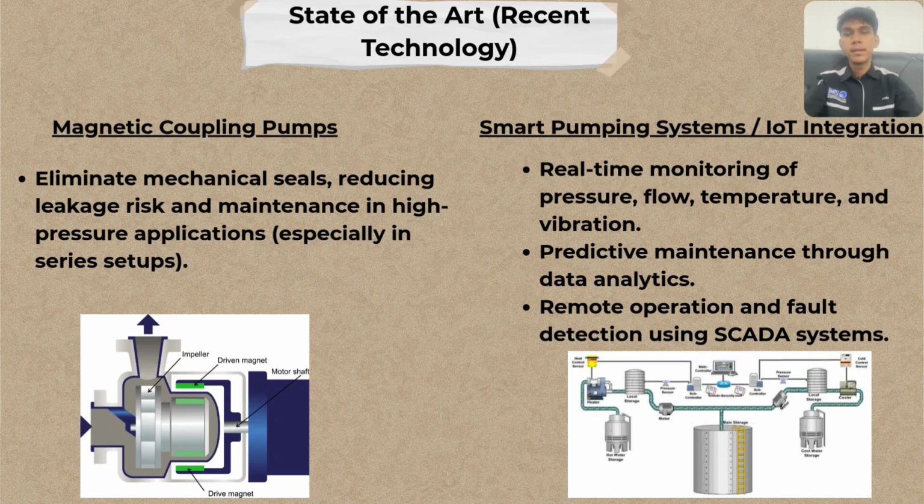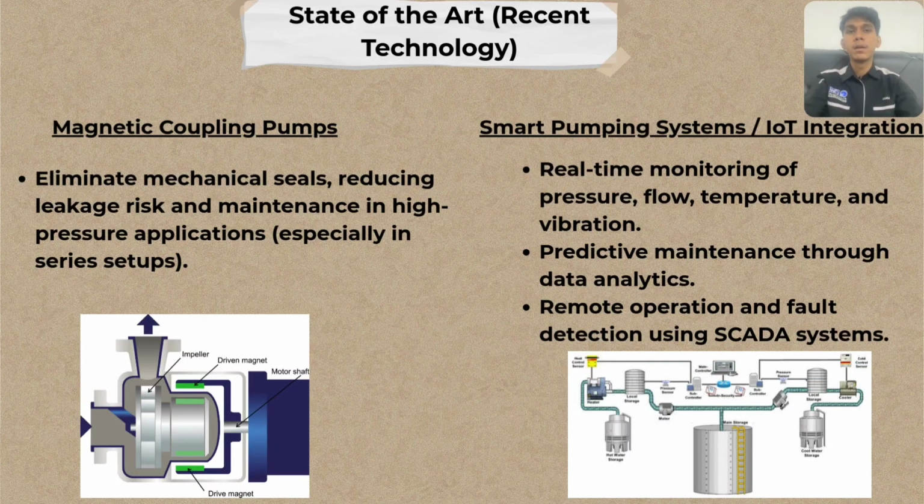Okay, next is state of the art, where we use recent technology to eliminate errors or problems in the pump, whether in series or in parallel. The first one is the magnetic coupling pump, which can eliminate the mechanical seal, reduce leaking risk, and maintain high-pressure applications, especially in series setups.